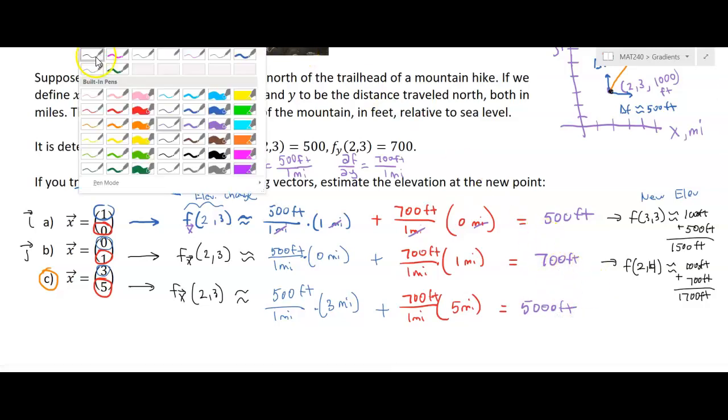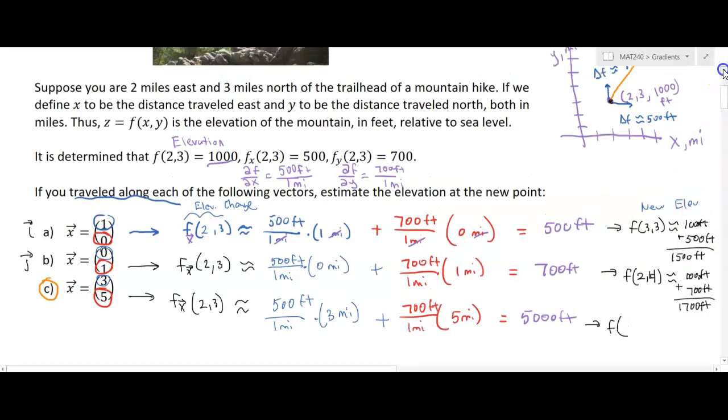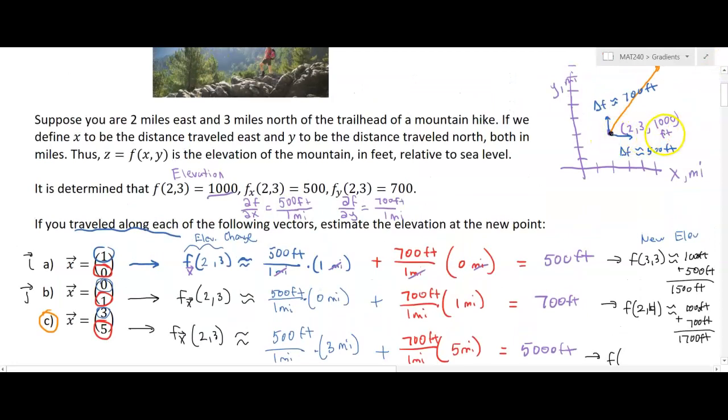So to calculate our new elevation, which would put us theoretically now at the point, well, we were at (2, 3), we displaced 3 miles east, which puts us at a position of 5 units in the east direction: 1, 2, 3, 4, 5.